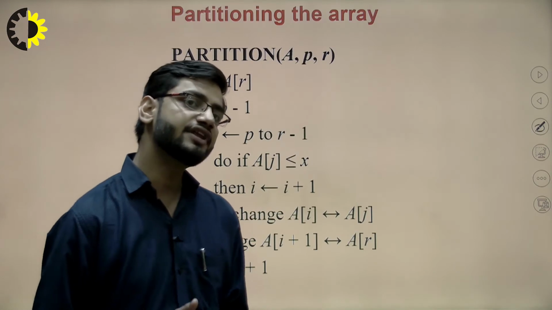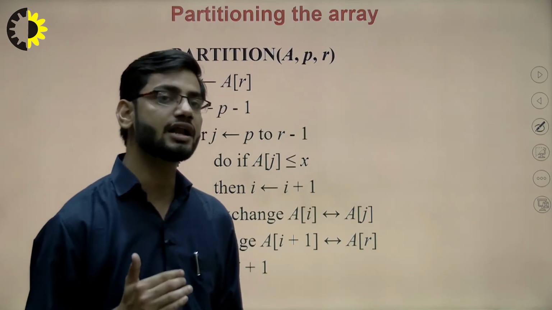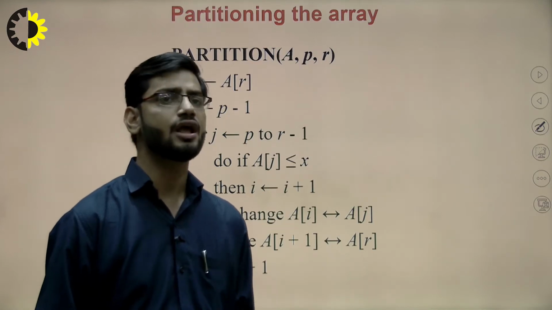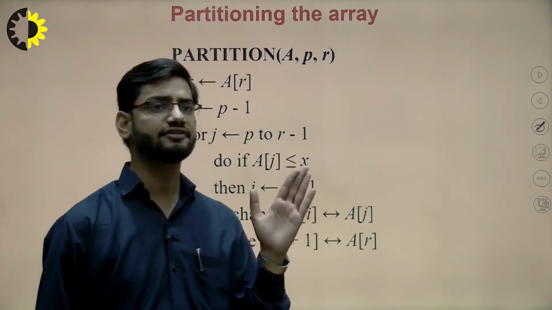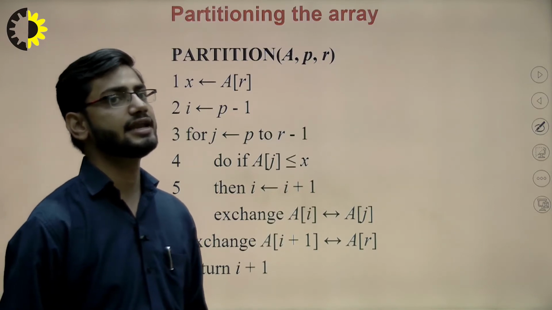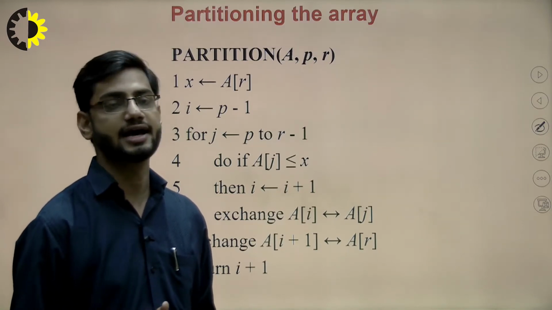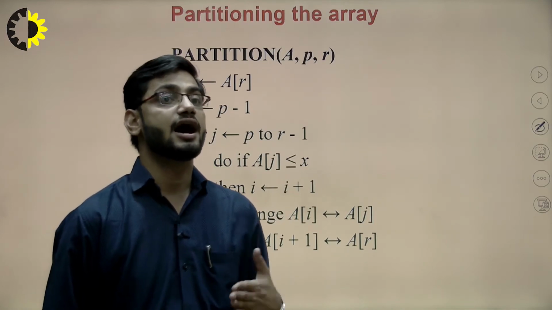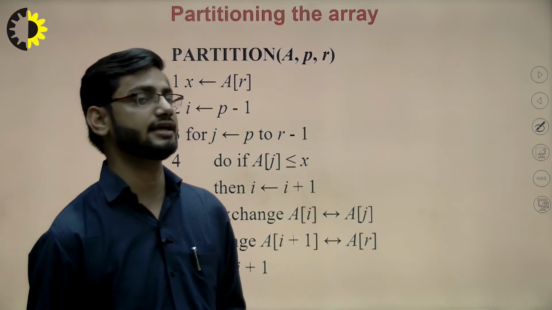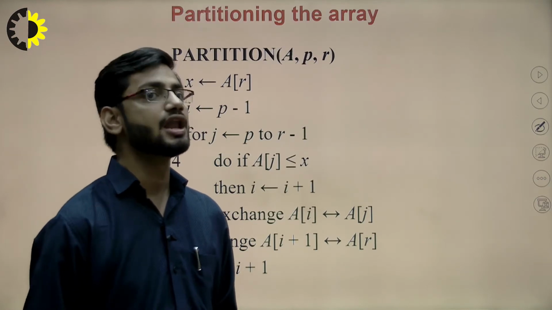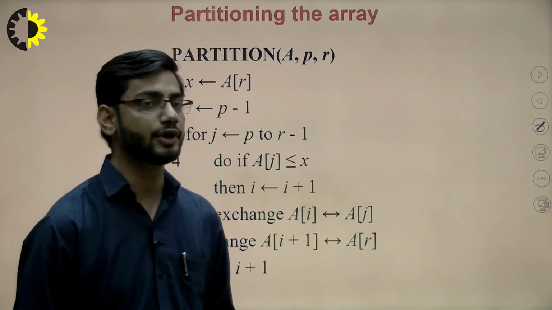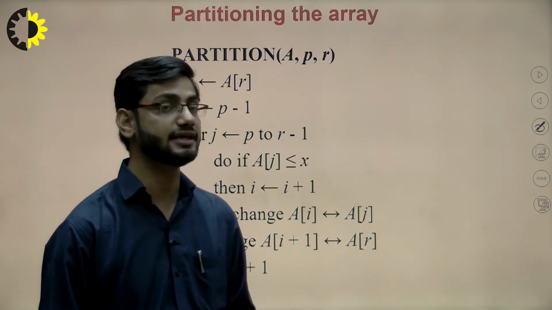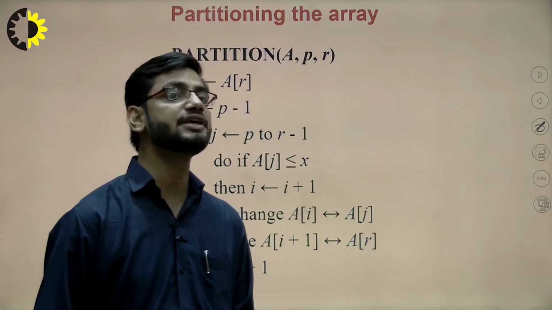So in every iteration, we are placing a pivot element at its correct position. For example, you can see here in the first step, x is assigned the value of A of r, and r is the ending index. That means x is the pivot element, and I am assigning x as the last element of the array A. Now I will use two index variables, that is i and j. The value of i will be p minus 1.